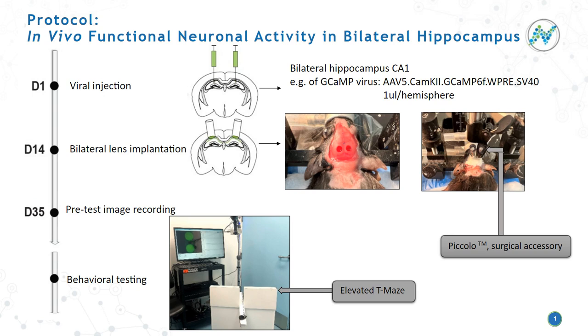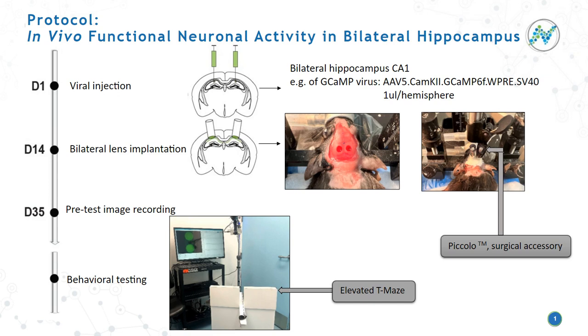The viruses are really useful because with that, you can literally choose which types of neurons you want to express GCaMP in. So you can choose subpopulations of neurons. But sometimes when you use viruses, depending on the type of neurons you want to tag, you might need to use some transgenic mouse lines, such as Cre mice.